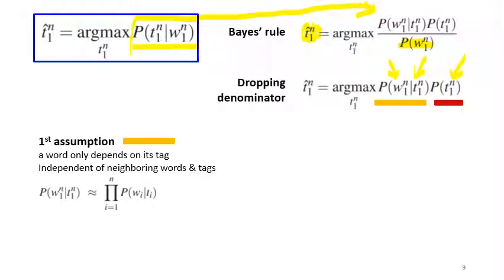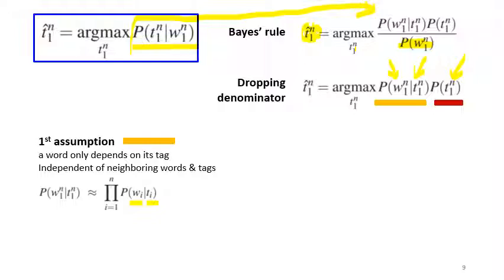We put an assumption saying that a word at a particular position only depends on its tag. So it is independent of the neighboring words and independent of the neighboring tags. The previous tags don't matter, the previous words don't matter, the next tags and the next words do not matter. The probability that we see a word at position i depends only on the tag at position i.